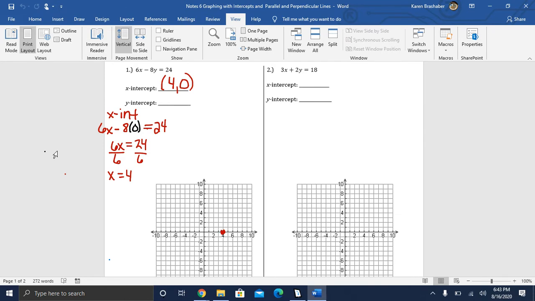I'll move on this same problem to find the y-intercept. For the y-intercept, we put a 0 where the x was. So 6 times 0, and then minus 8y will equal 24.